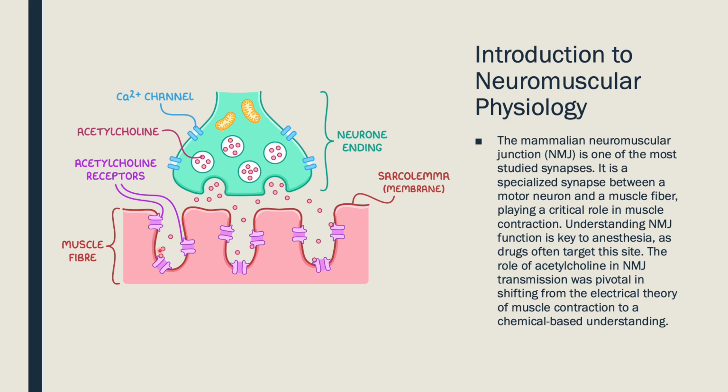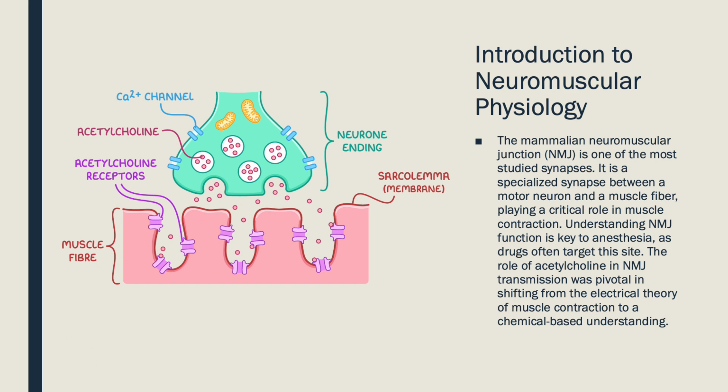This interaction will trigger depolarization of the muscle membrane, and this leads to a cascade of events that all leads to muscle contraction. Understanding this neuromuscular junction is essential for you as an anesthesia provider because you're going to be giving these neuromuscular blocking agents, and these work by altering the acetylcholine activity at this junction.